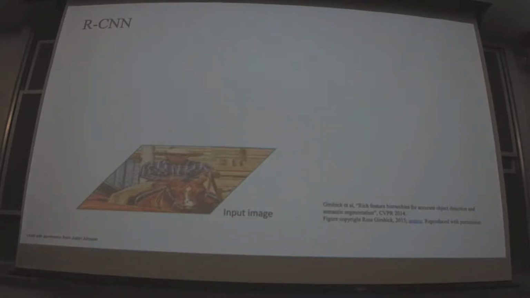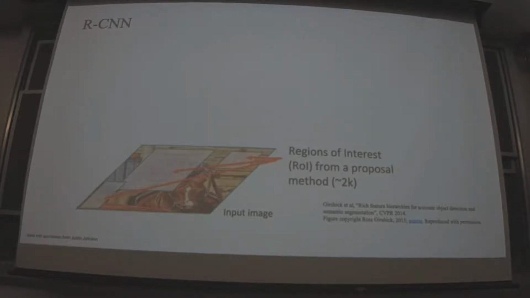We're going to build up how this works as a network. You take your input image and first run an offline region of interest proposal algorithm that gives you roughly 2,000 regions, or you pick it to be 2,000 regions.